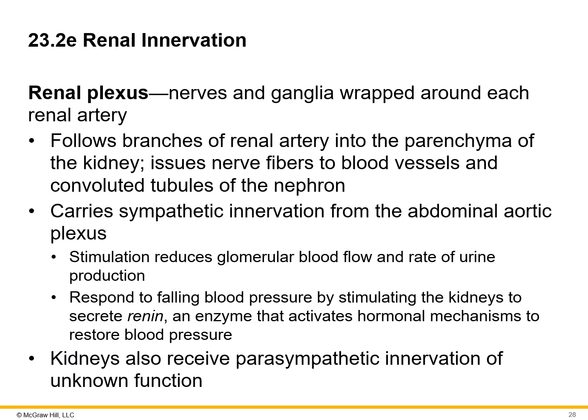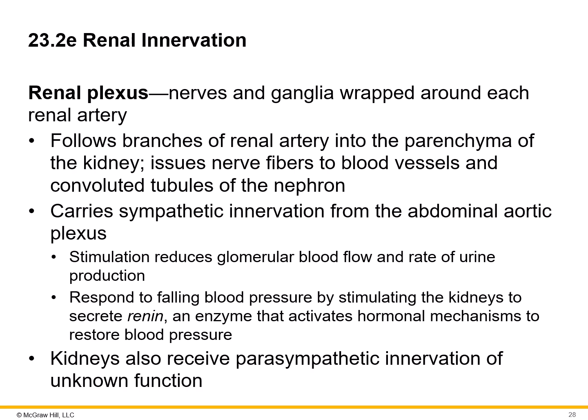So before we really get into the details, we need to talk about the nerves, renal innervation. Now, there is a plexus called the renal plexus, just a clustering of nerves and ganglia, which are going to essentially cluster around each of the renal arteries.